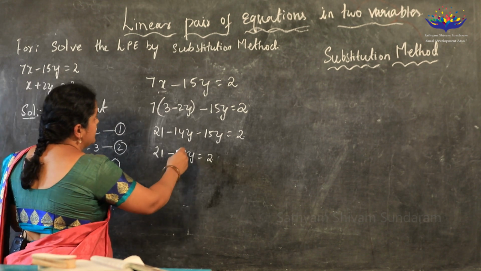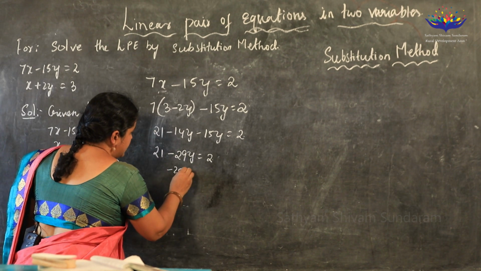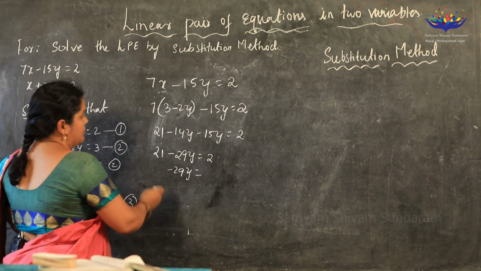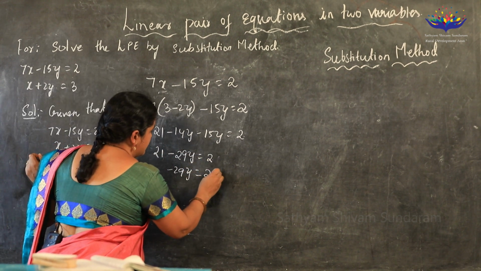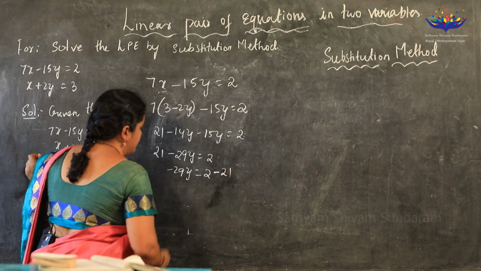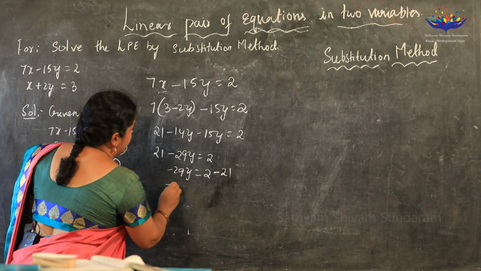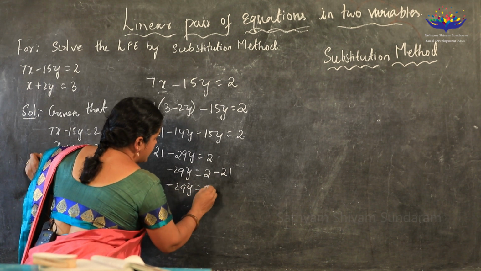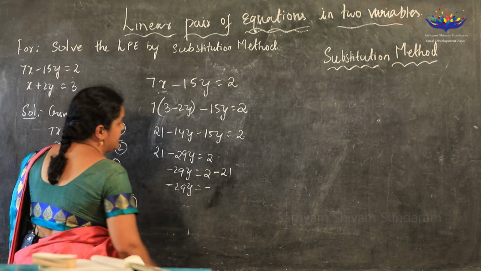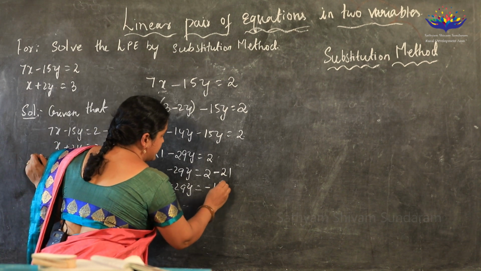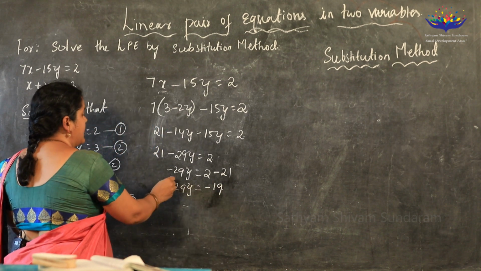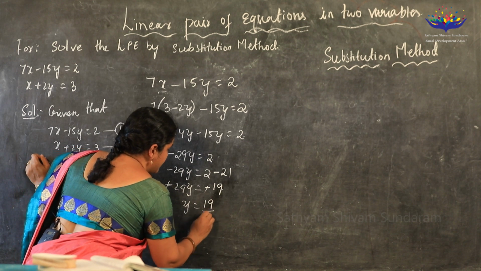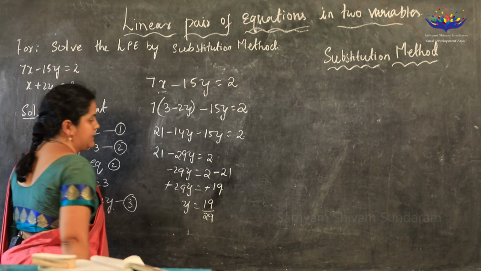When I send 21 to the right hand side, we get minus 29y is equal to 2 minus 21, that is minus 19. So on the right hand side, anyway, y is equal to 19 by 29.